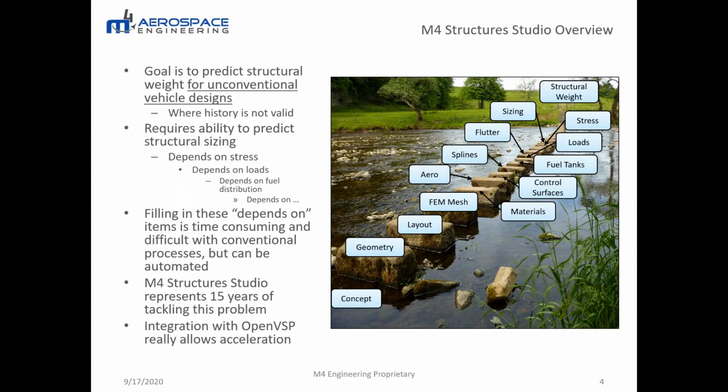So the idea is for these unconventional vehicle designs, we can start with a concept in geometry, say in OpenVSP, and proceed down a workflow, shown in this stepping stone image on the right, through the process of constructing the structural layout, developing the FEMMesh, the aerodynamic panels for loads and boundary conditions, your materials, all the things that you need to actually size an unconventional vehicle.